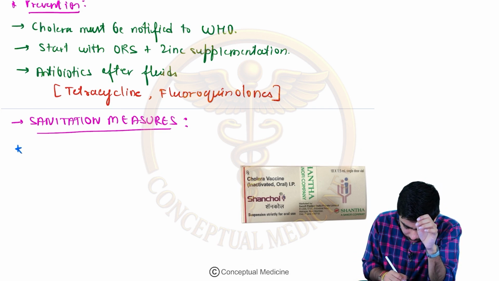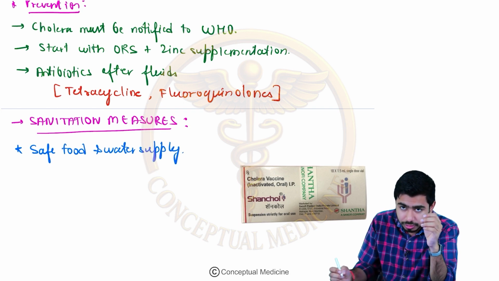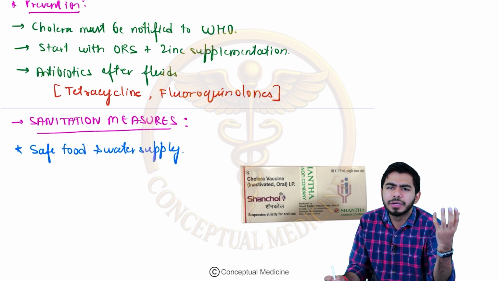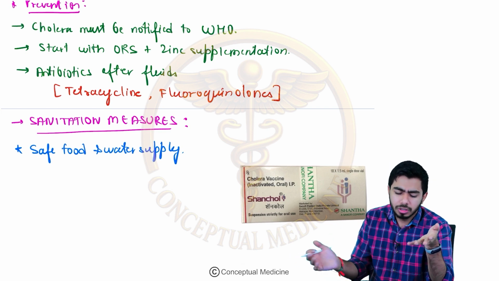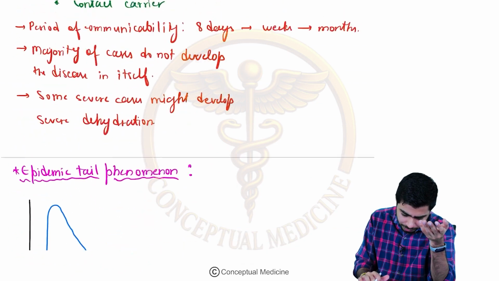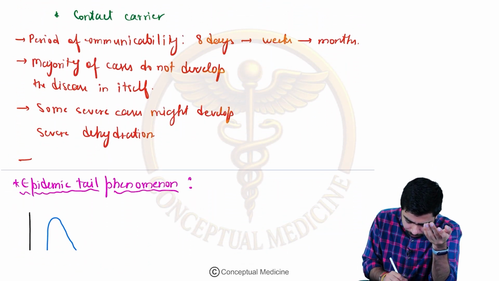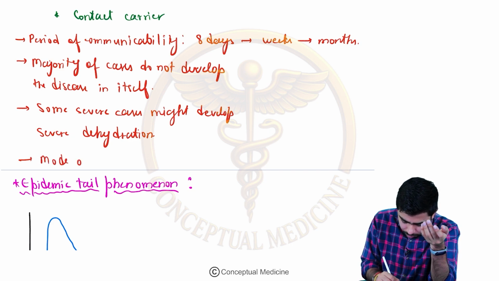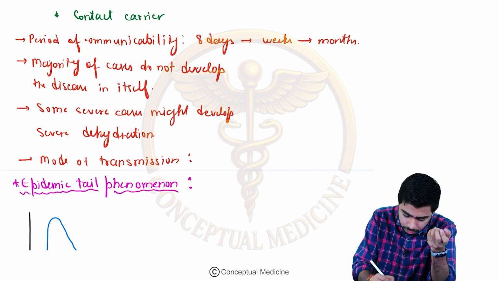Basically safe food and water supply, because it usually happens with contaminated food. What is the mode of transmission? The fecal-oral route. If I have not written it there, please add it. The mode of transmission is the fecal-oral route only. That's why I am emphasizing that safe water and food supply is very crucial in these cases.